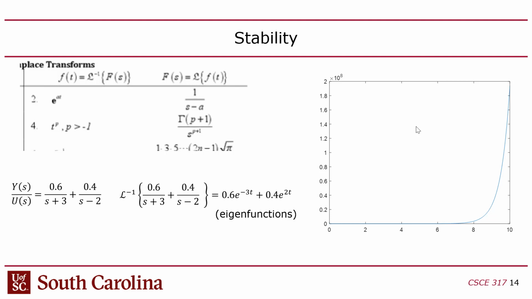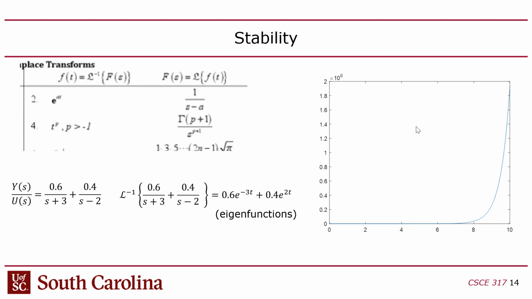So if I plot this with respect to time, by 10 seconds it blows up, right? We're fine for 8 seconds, but then it diverges. It very quickly ramps up and diverges.